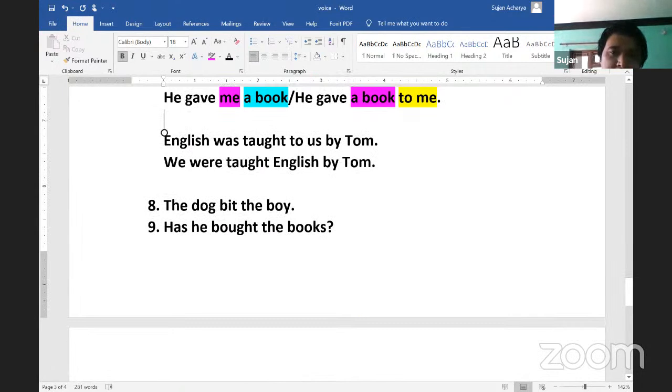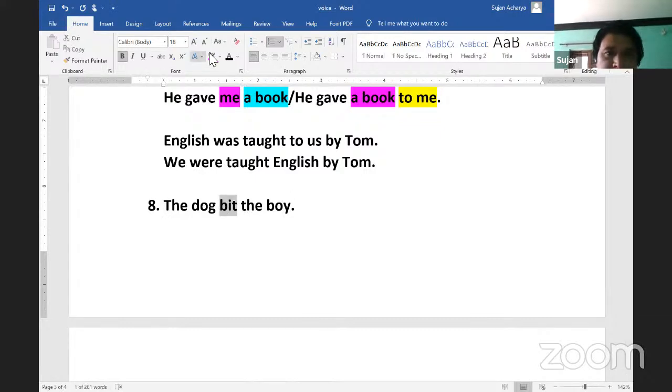The dog bit the boy. The trick is always played by the form of this verb in direct indirect speech. The dog bit the boy. The boy was bitten by the dog.